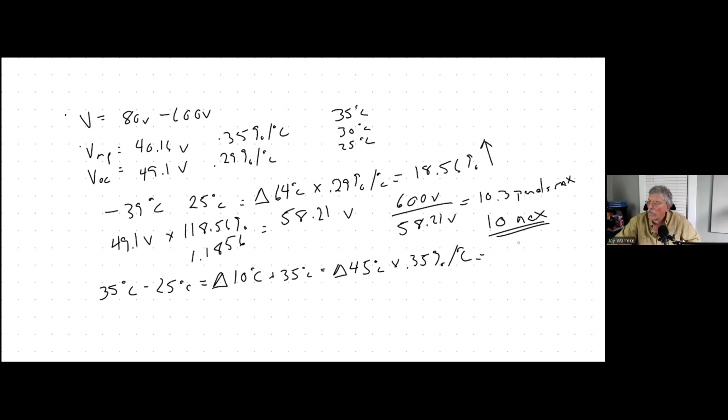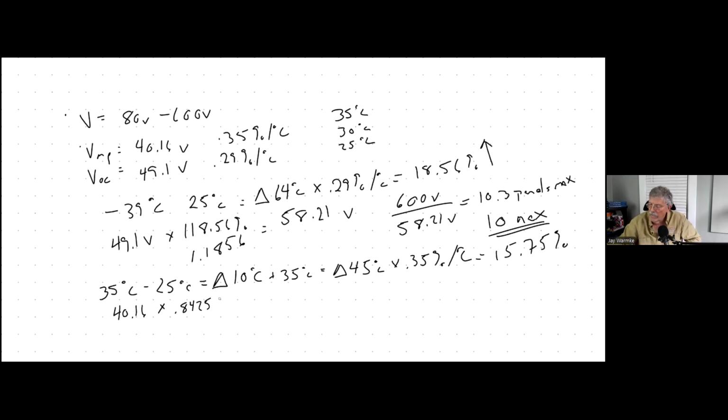15.75. So what that's telling me is on the hottest day ever, that panel is going to produce 15.75% less voltage than it otherwise would under standard test conditions. Less than what? VMP. So I'm going to start with 40.16 times 100% minus 15.75, which would be 84.25% or 0.8425.